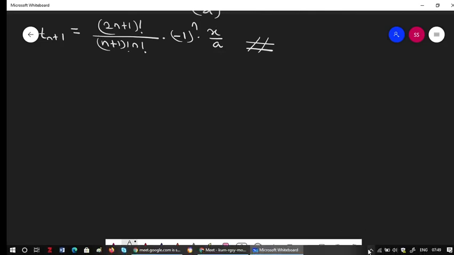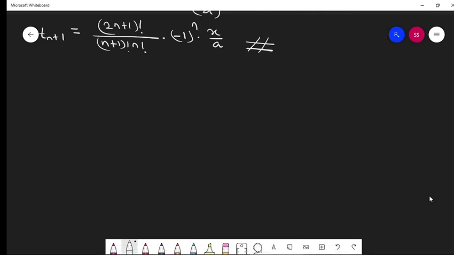For the second middle term, again, second middle term is what? t(((m+1)/2)+1).